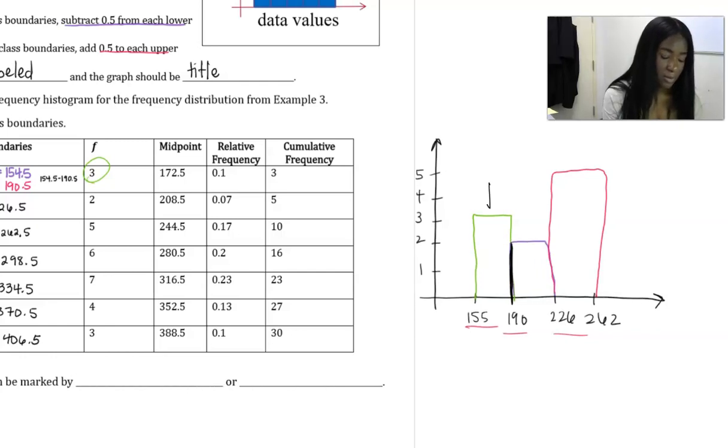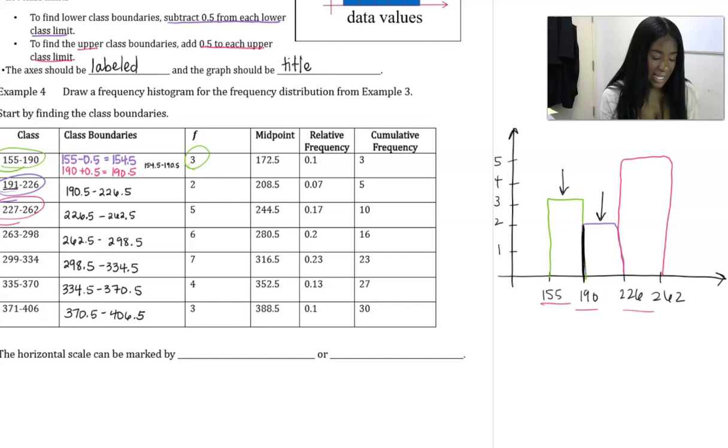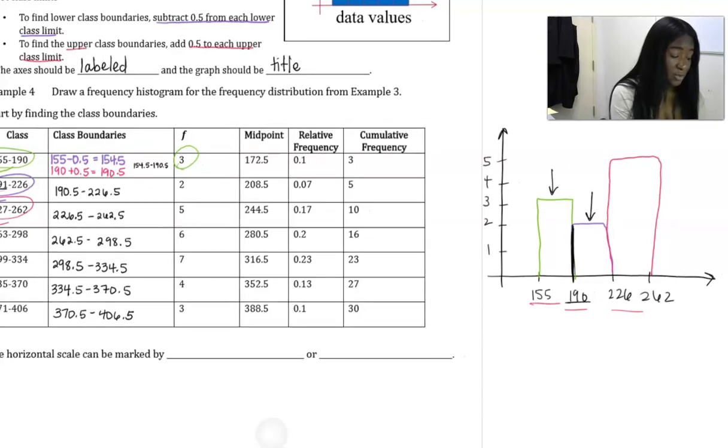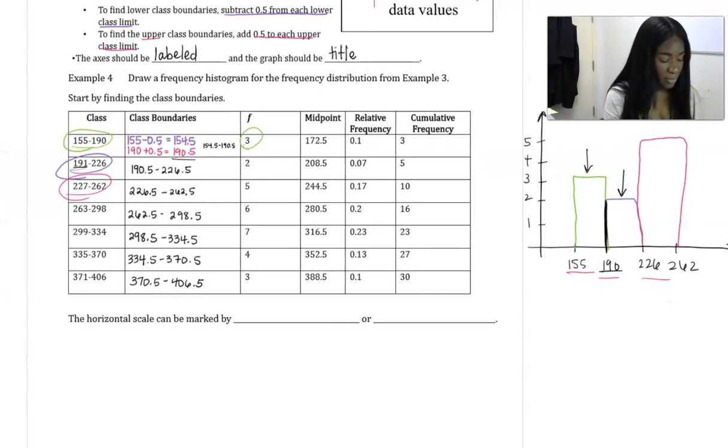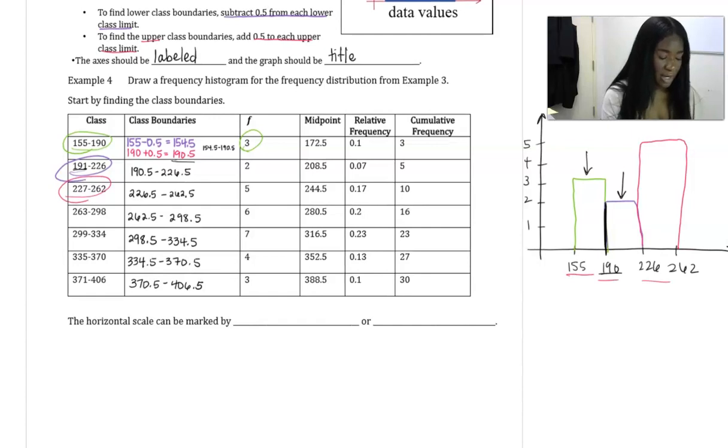So it's not clear whether 190 is in the green rectangle or whether 190 is in the purple rectangle. But if I don't use 190 as one of these markers and I instead use 190.5, a class boundary, then it'll be clear whether it falls to the right of that class boundary or to the left of that class boundary. So that's just a brief explanation on why we have to go through the extra step to find class boundaries.